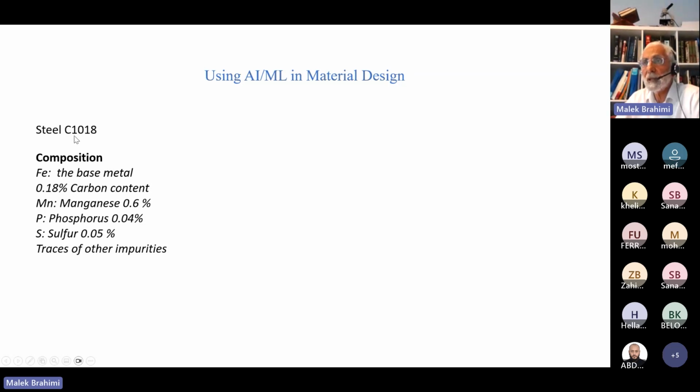هذا for the C1018 it has 0.18% carbon content. Manganese it has 0.6%. Phosphorus عنده 0.04%. Sulfur عنده 0.05%. So هذه تقريبا, يعني قد تختلف هذه النسب, it depends on the process, وعنده كذلك traces of other impurities. كاين شوائب, يعني في كل الصناعات كاين شوائب.